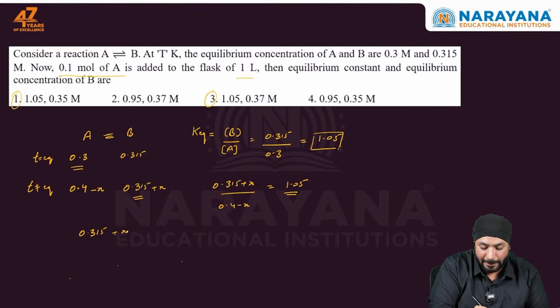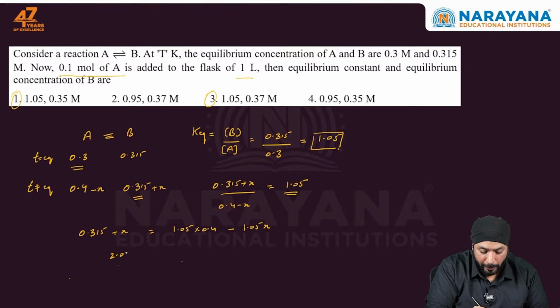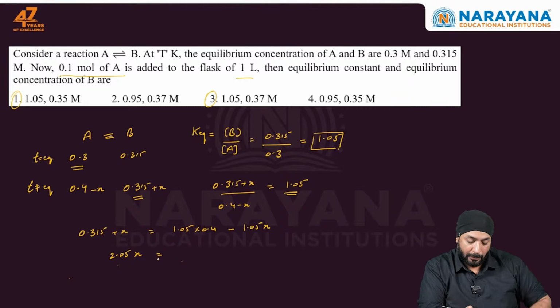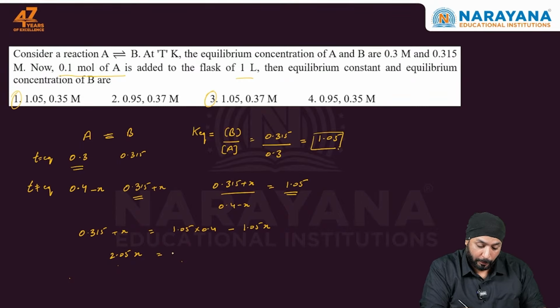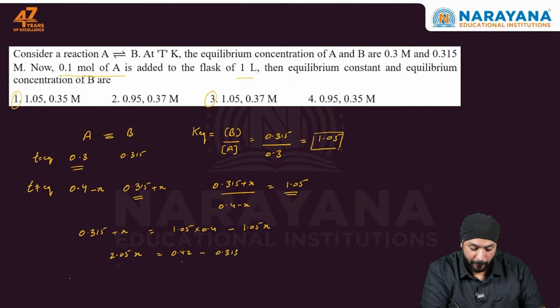So, 0.315 plus x is equal to 1.05 into 0.4 minus 1.05x, which gives 2.05x is equal to 1.05 into 0.4, which comes out to be 0.42, minus 0.315, right.